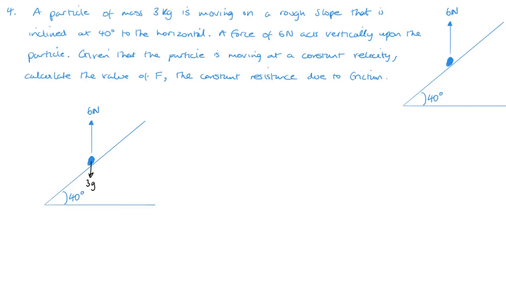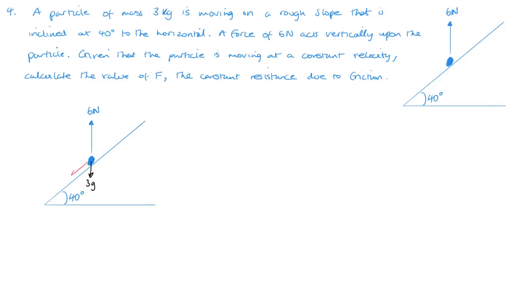Now, we're not told whether this is moving up the slope or down the slope, so at the moment, I can't say which way the frictional force is acting, because the friction always acts opposite to motion. So what I first need to do is resolve these forces.